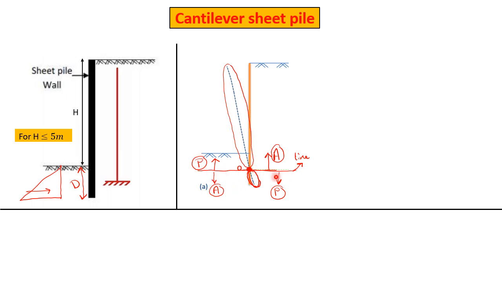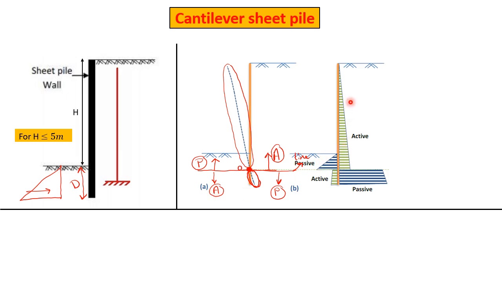Below this line, on the right you will have passive earth pressures, and on the left you will have active earth pressures. This will be the final earth pressure acting on your retaining wall.